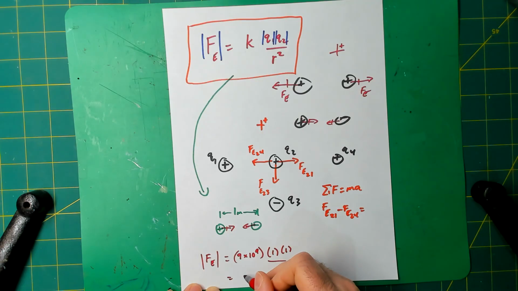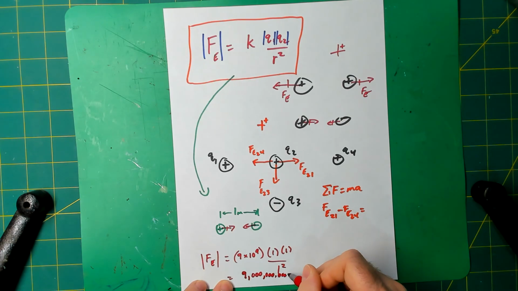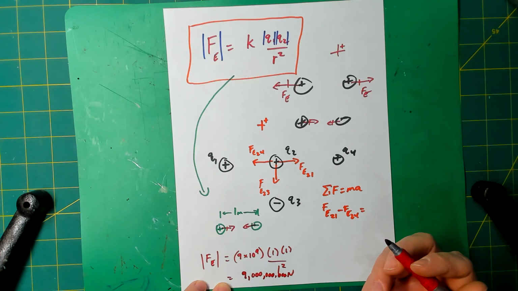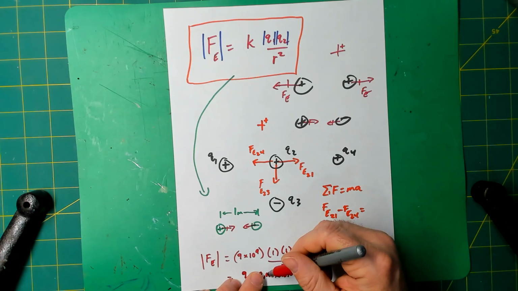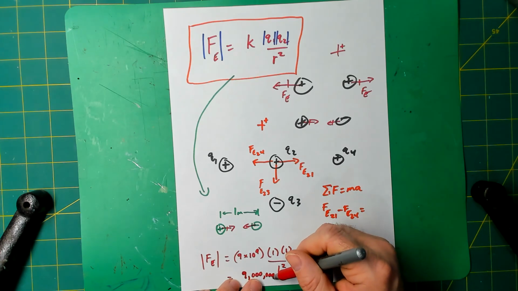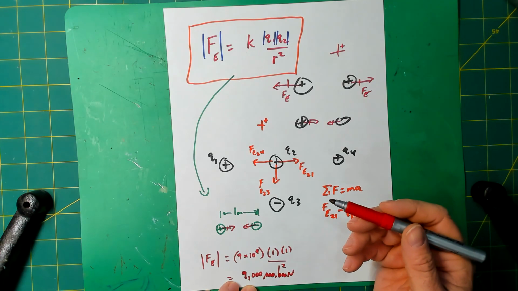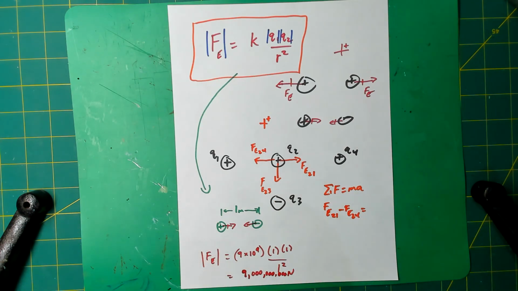That's a 9 with 9 zeros after it. So that would be 9 billion? Wait, is that right? This is thousands, this is millions. Yeah, 9 billion newtons. So it'd be 9 billion newtons of force trying to pull these things together. You're like, yeah, you're not going to see that all the time.